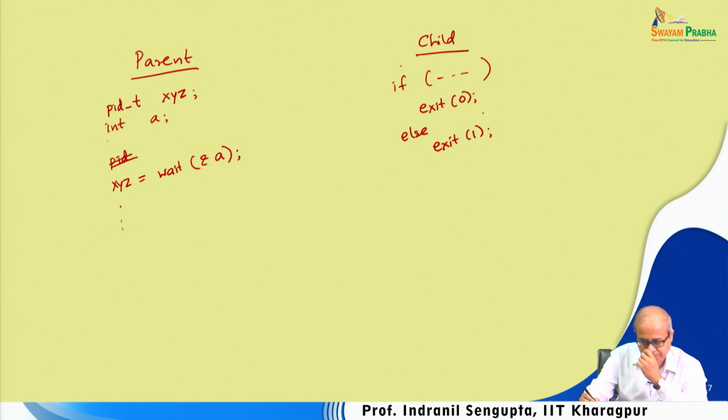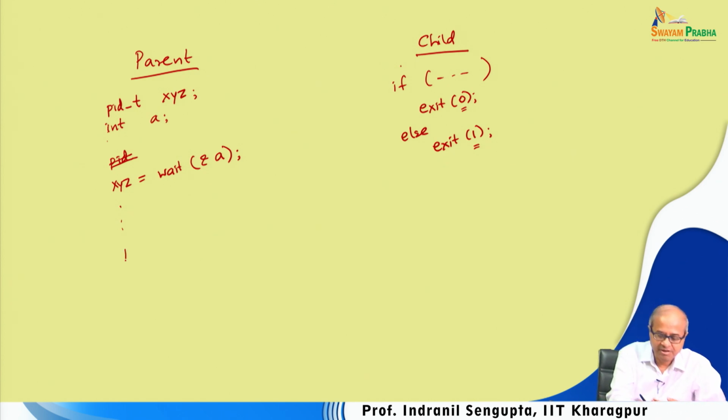So, the child is calling exit to terminate itself, but it also specifies a return value 0 or 1. Now, in general it can be any value, I have only shown two values. Now, this return value will be returned to the variable a.